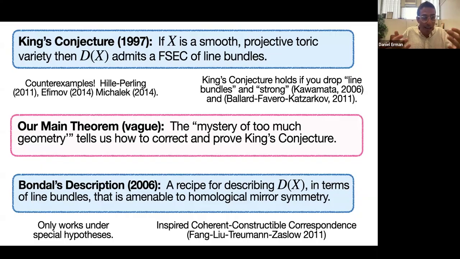And what I'll do in the second half of my talk is I'll talk about our main theorem, which in some vague sense, I'll phrase as follows. What I'll say is King's conjecture is actually true. We can correct and prove King's conjecture. And the secret to how to do that was staring us in the face. It's this mystery of too much geometry.